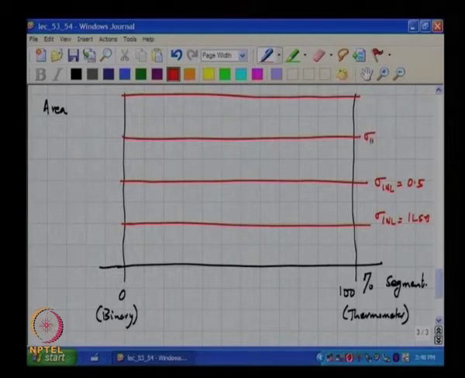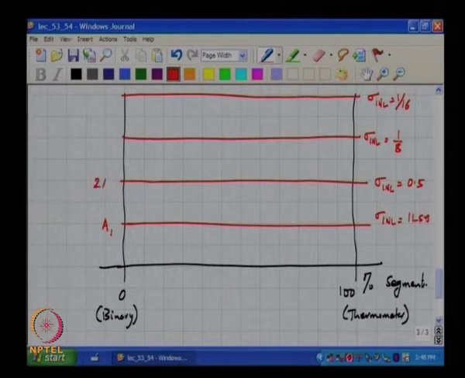This will correspond to sigma INL of 1/4, 1/8, 1/16 and so on, right. So, in this case this must be A1, this must be 4A1, 16A1 and so on, right.